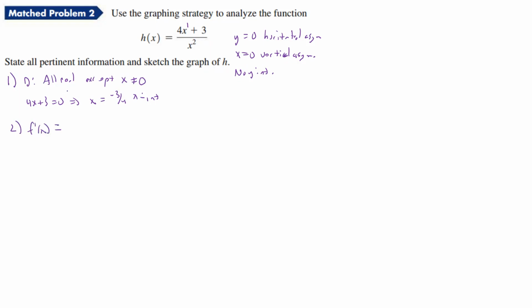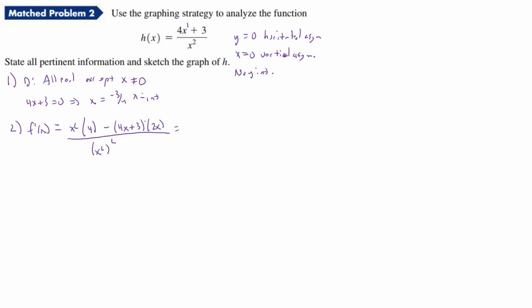Okay. Well, we'll take the bottom, which is x squared, times the derivative of the top, which is 4, minus the top, which is 4x plus 3, times the derivative of the bottom, which is going to be what? A 2x, and then all over x squared squared.